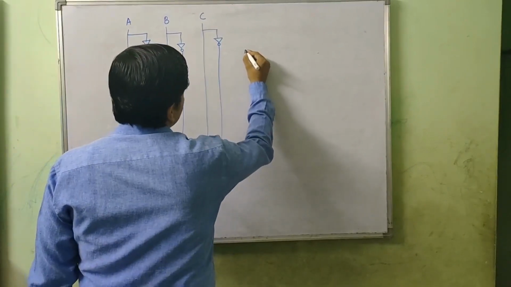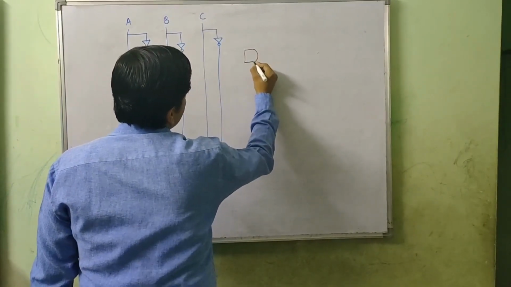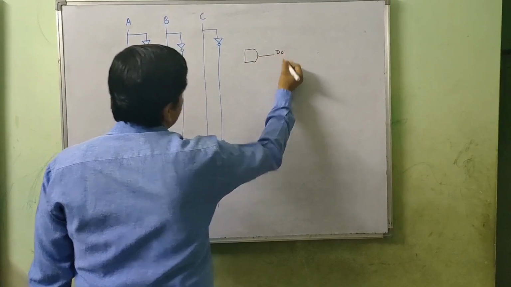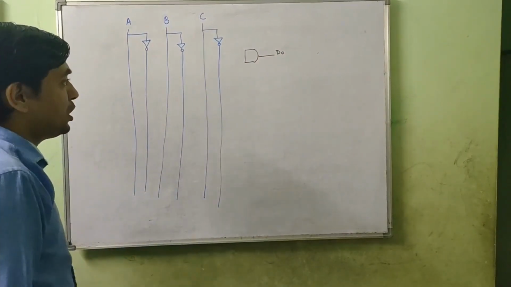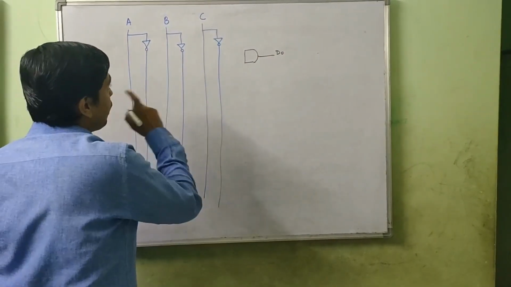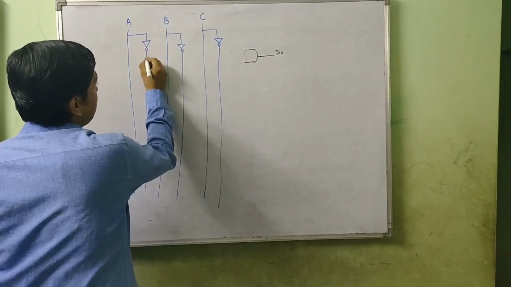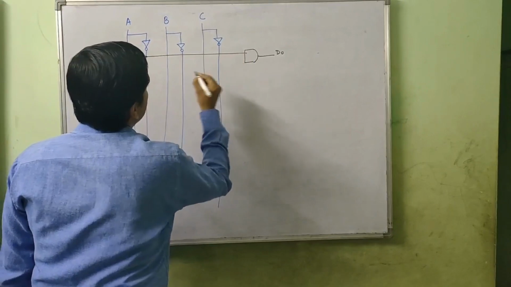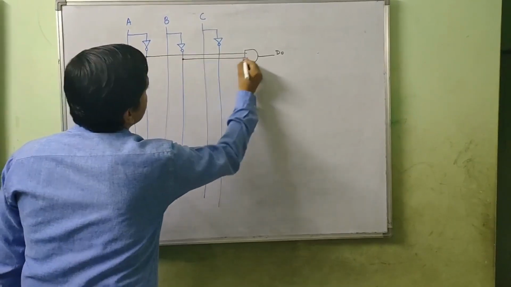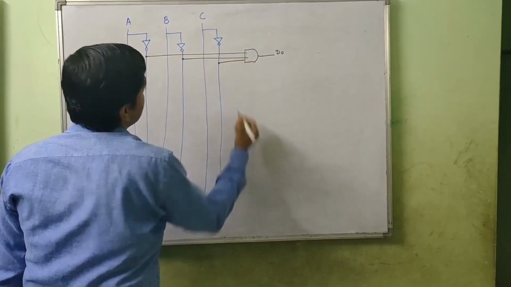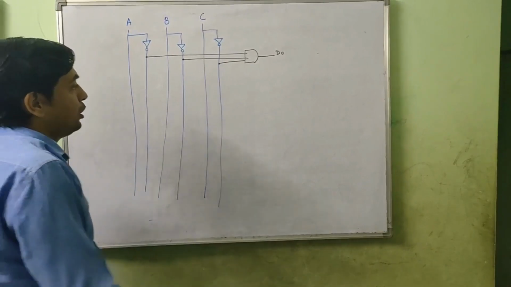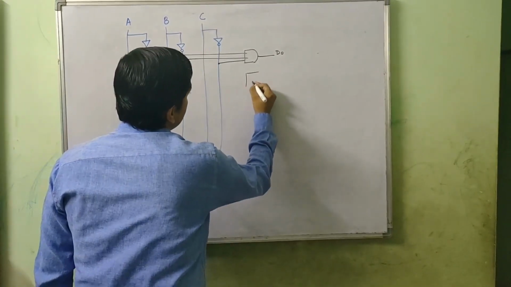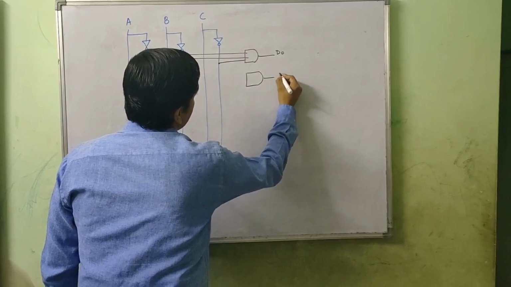So for D0, let's suppose this is D0. For D0 as output, the input lines were A complement, B complement and C complement. So I will connect all these 3 complement lines of the 3 variables to D0. Now similarly there will be a D1, with an AND gate.